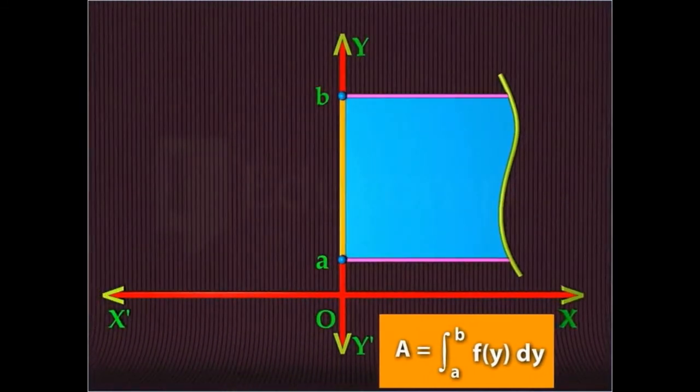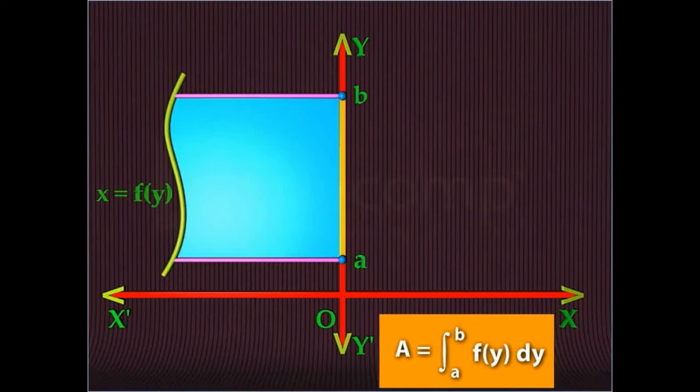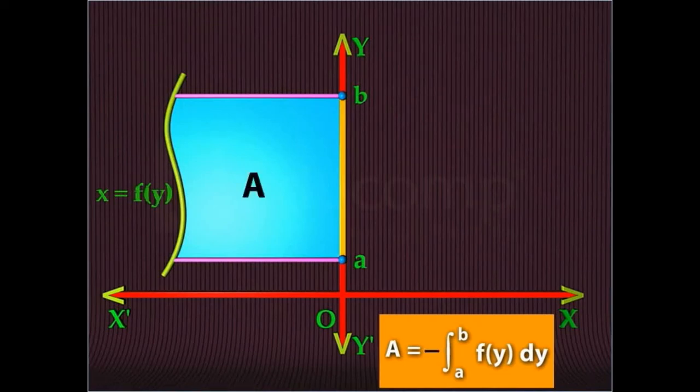If we shift the same area to the left side of the y-axis, then the area is represented by the same definite integral, but with an opposite sign.